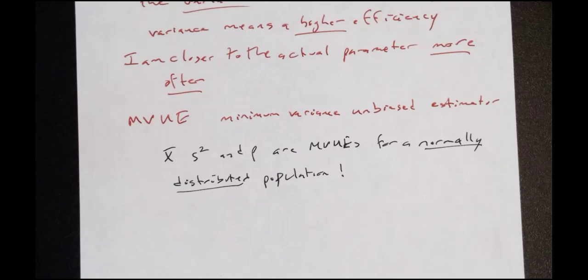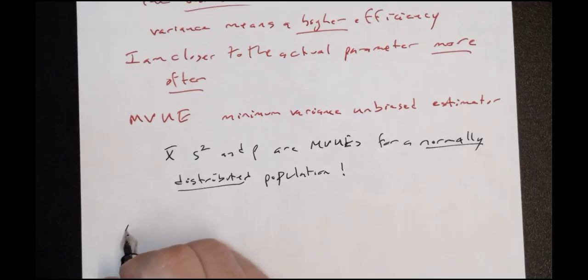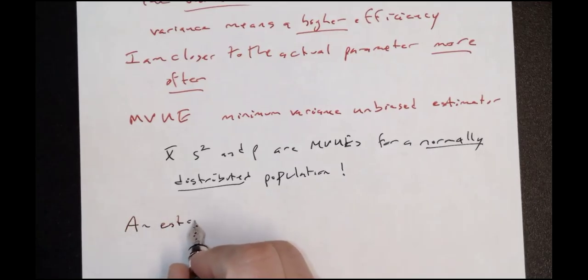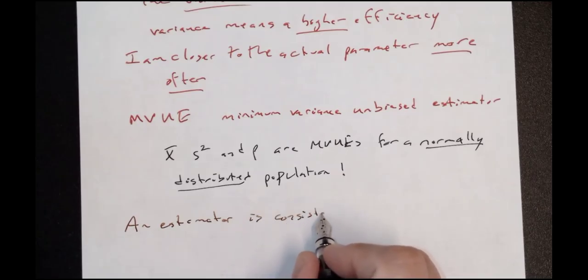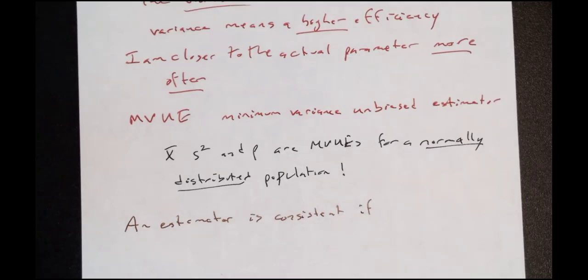The third main property I would like, and I don't quite like the name that the textbook gives this, they're going to call it consistency. Okay, wait a minute. If I were to think of the word consistency, it means the same thing over and over, right? Unfortunately, that's not really what they mean here.